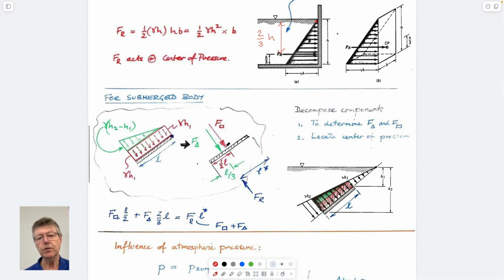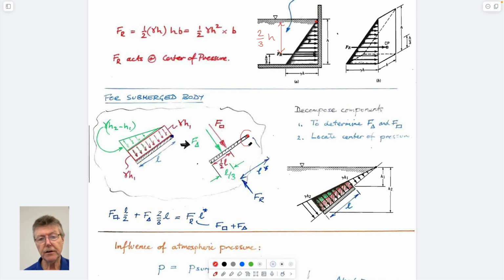You could extend this up to here and take moments of this force times this lever arm, this force times this lever arm, and equate it to the resultant force, which is the sum of these two forces, times some other lever arm. But here I'm doing the opposite. The other way to do it would be to take moments around this point here.